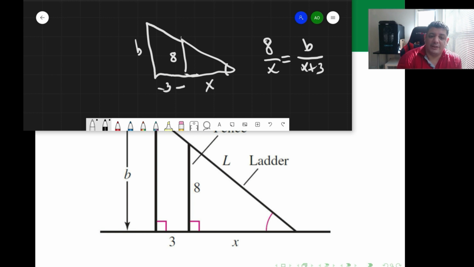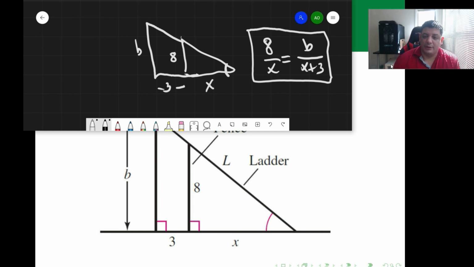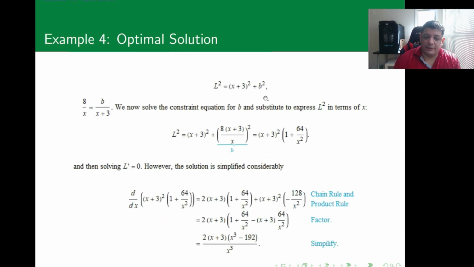The tangent of the angle is opposite over adjacent, so it is both B over 3 plus X and 8 over X. These are two representations of the tangent of this angle. With that done, we can use this relationship to find B. B is 8 times (X plus 3) over X, and we replace that in the equation, which leads to an equation that only depends on X now.